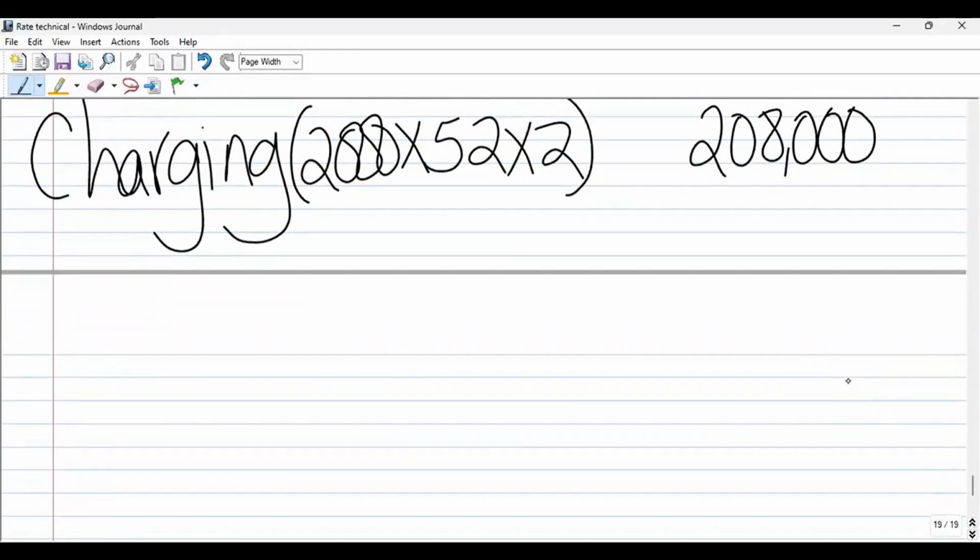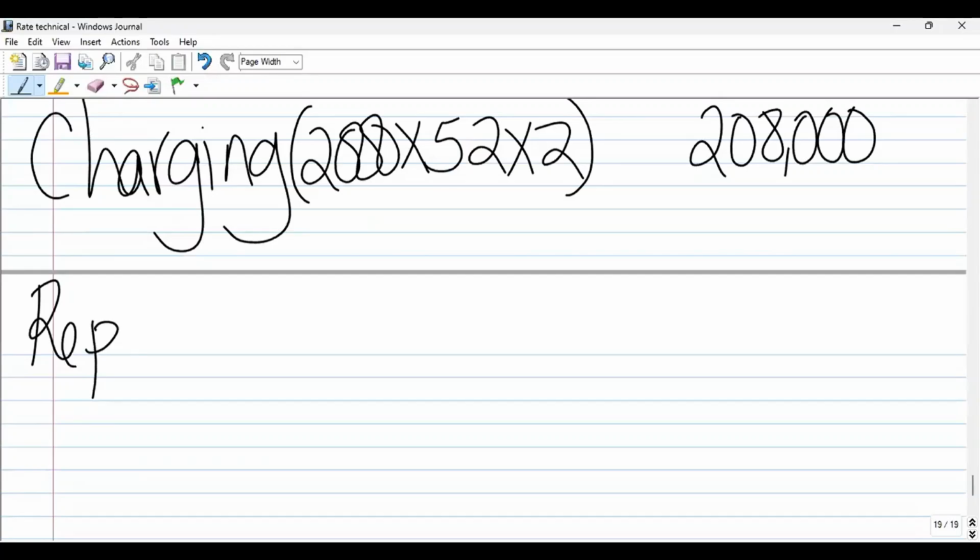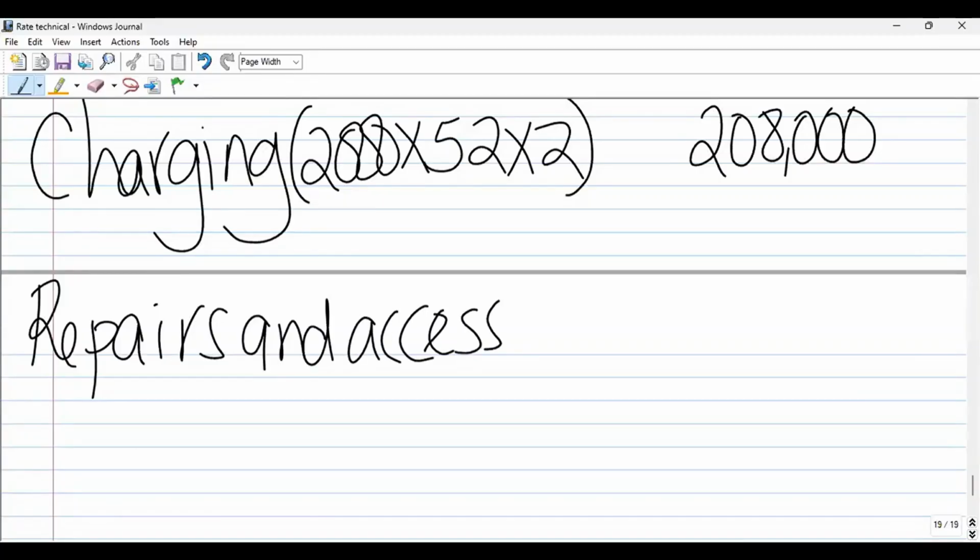So we go to the next. They said here, 5,250 per quarter on repairs and accessories. These are costs the customer is going to incur by using the Meditel for 2 years.